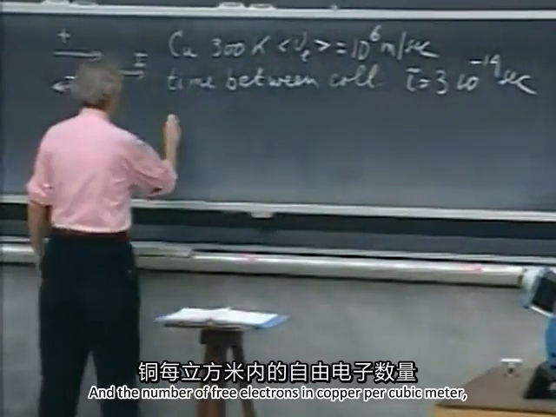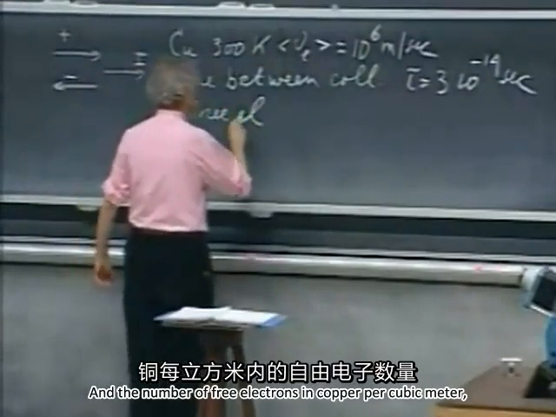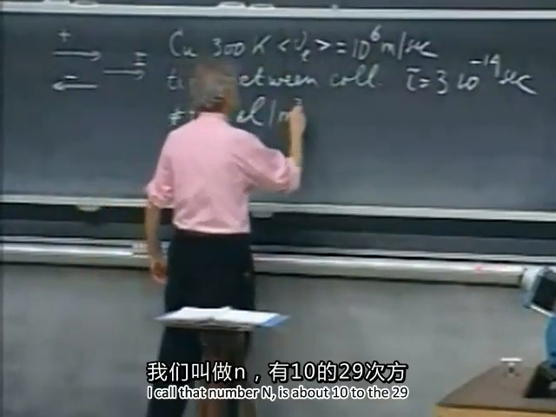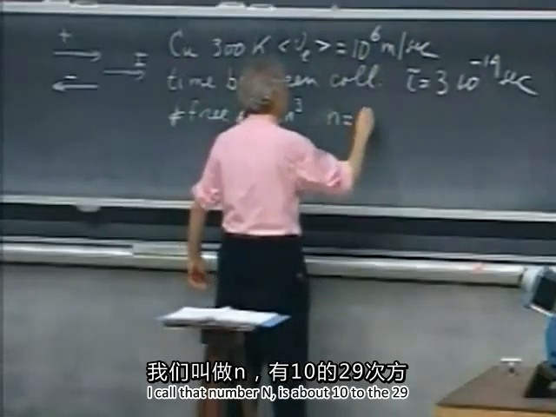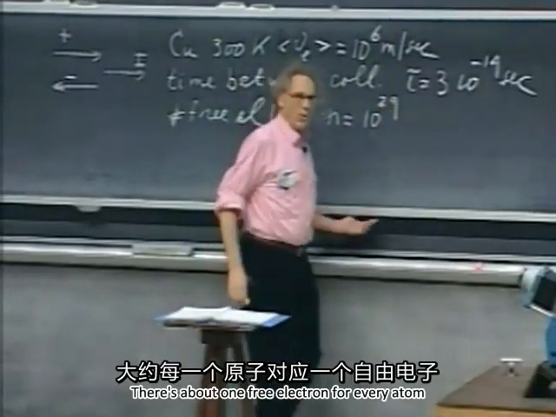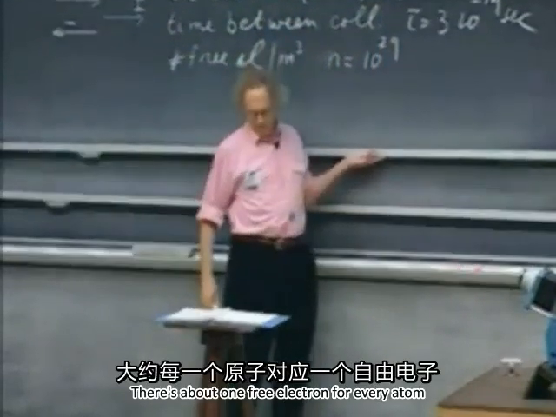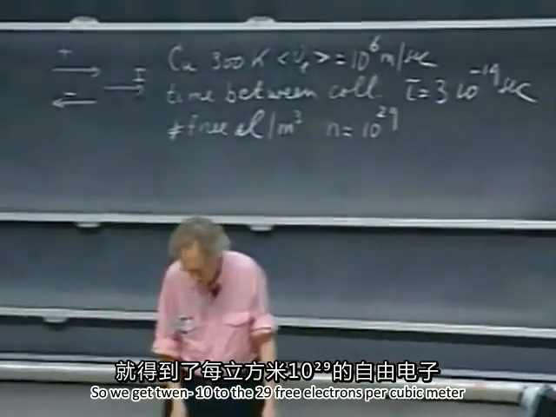And the number of free electrons in copper per cubic meter, I call that number n, is about 10 to the 29. There's about 1 free electron for every atom. So you get 10 to the 29 free electrons per cubic meter.